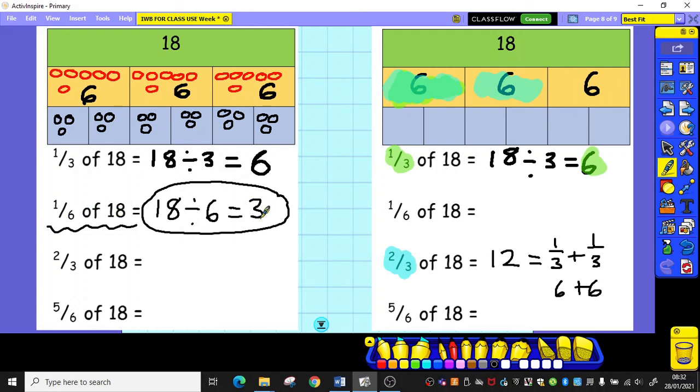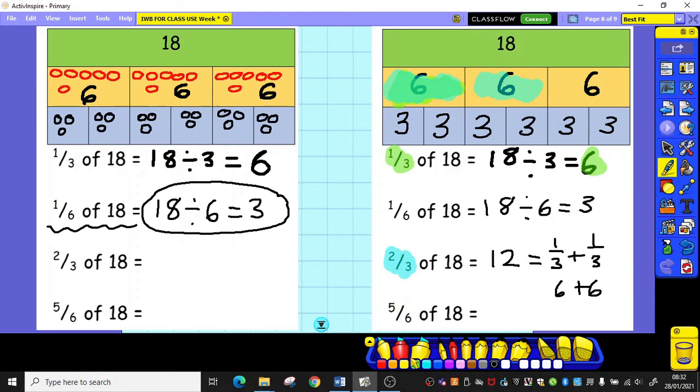It's 3. So over here, I could have put 3 in each box. And again, if you're completing these problems, I want you to make sure that you fill in your bar models either with counters or with numbers. Okay, so 1/6 of 18, 18 divided by 6, we're always going to write that part, the answer was 3.